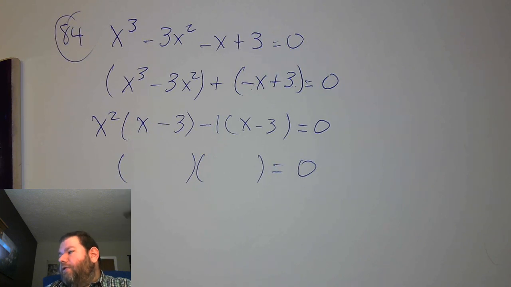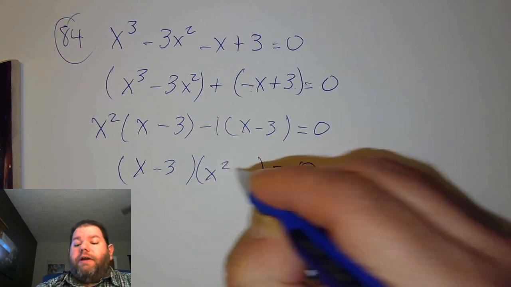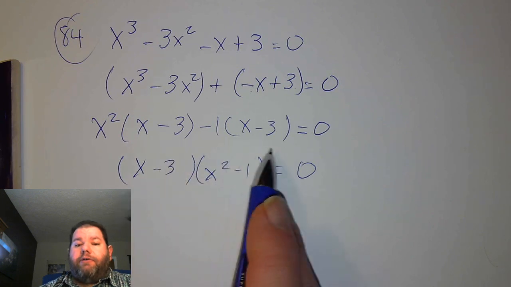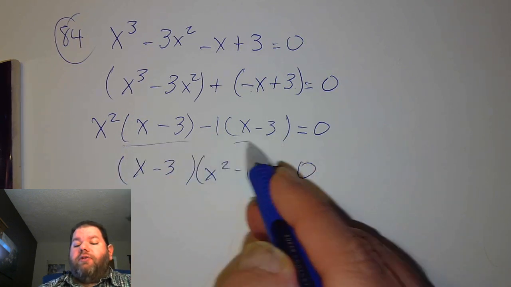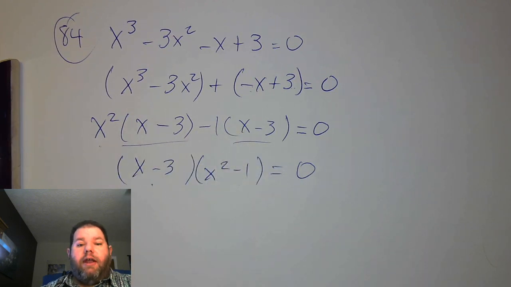X minus 3 and then x squared minus 1. Good. Now we can write them in any order. I tend to put the x minus 3 first because that's actually being factored out of each of these terms, and then we're putting x squared and minus 1 together to create the other factor.